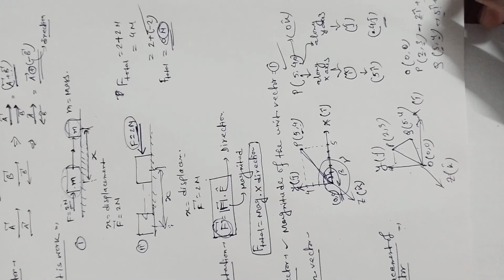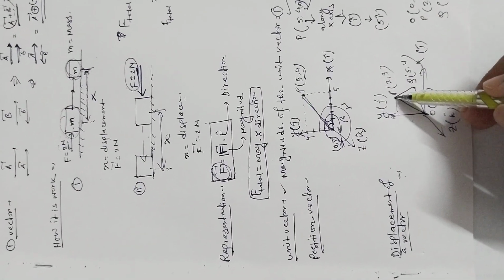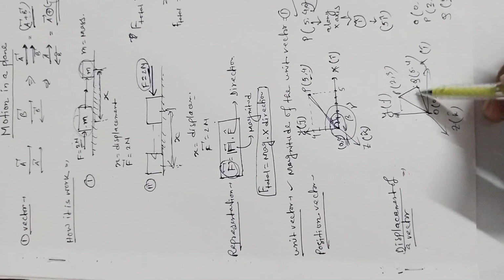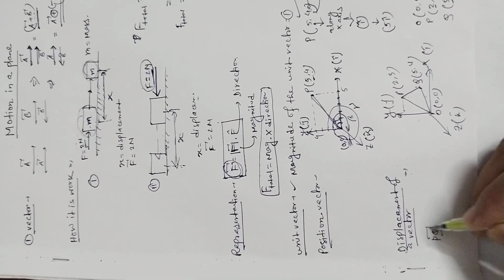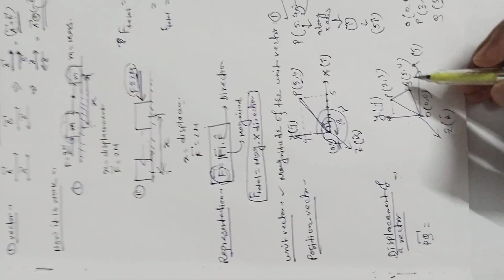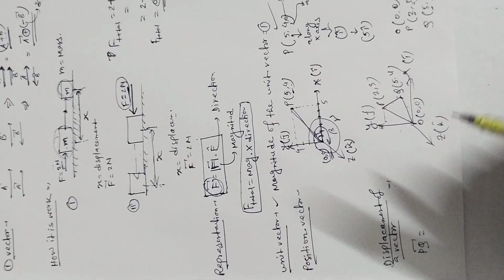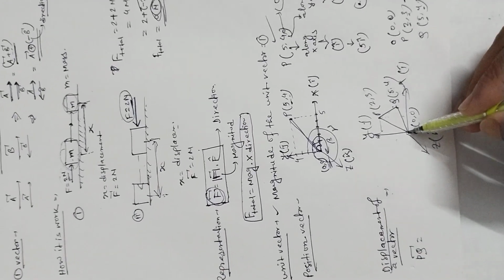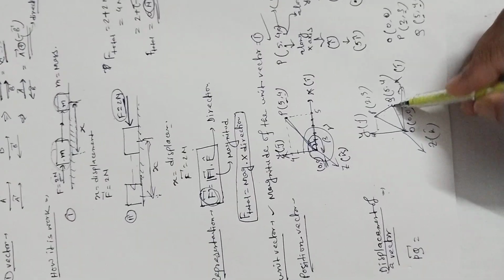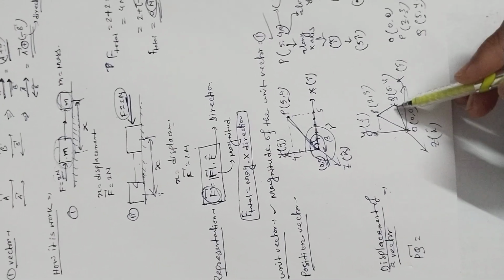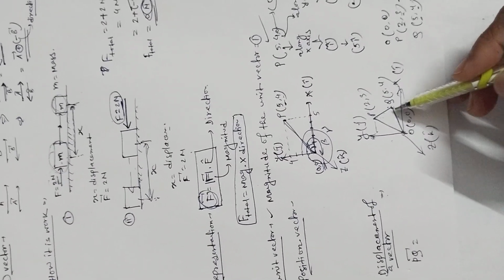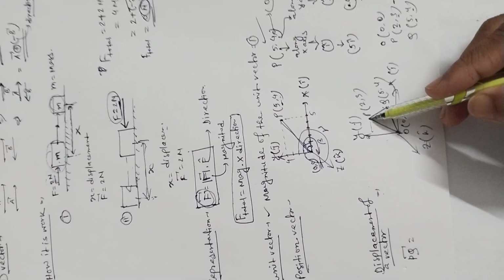And sir, what is the magnitude? The magnitude means the point PQ, the vector PQ equals the x and y coordinates. There are two lines, OQ and OP.